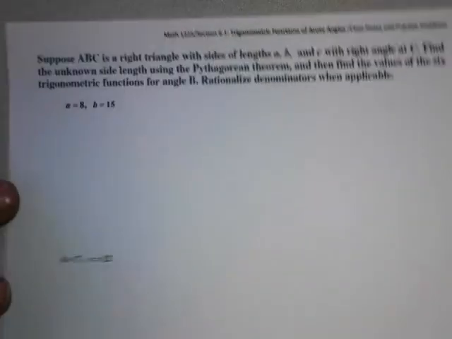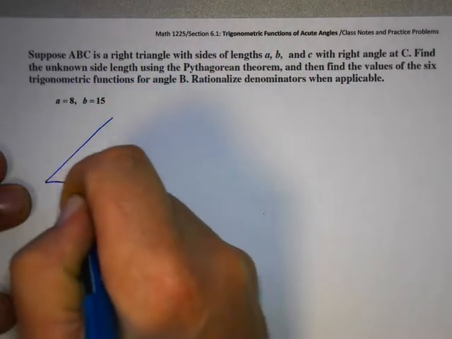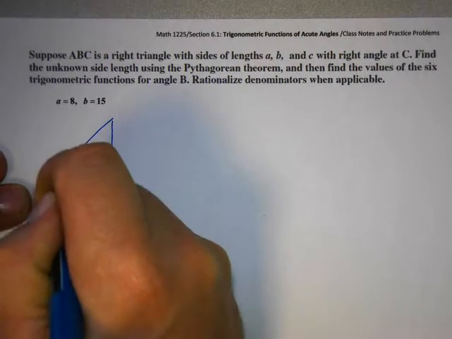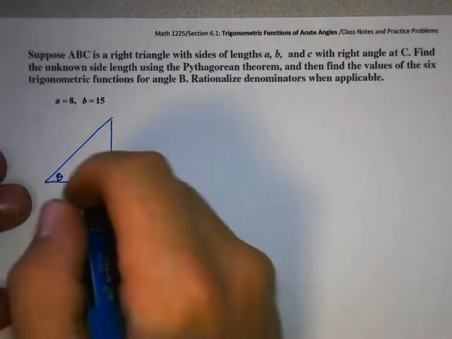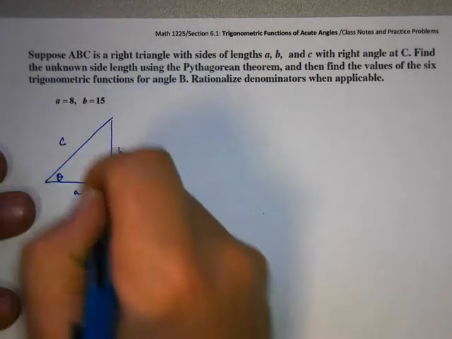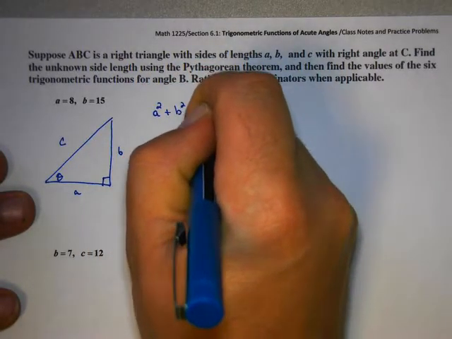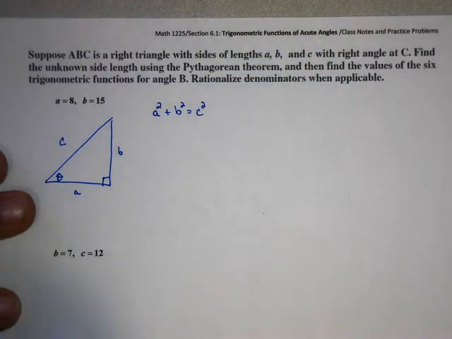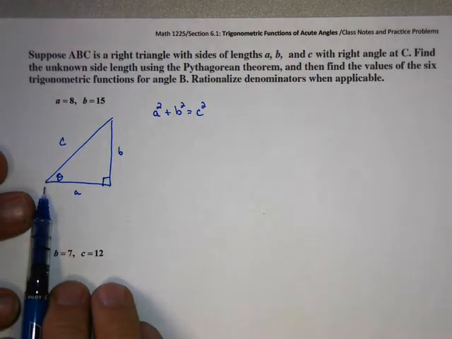So now, as we go through drawing our right triangles, in a right triangle, it doesn't matter how you draw this now. So if this is my theta, and I have my right triangle with sides A, B, and C, where C is that hypotenuse, we also know that A squared plus B squared equals C squared. This is our Pythagorean theorem: a leg squared plus a leg squared equals a hypotenuse squared.